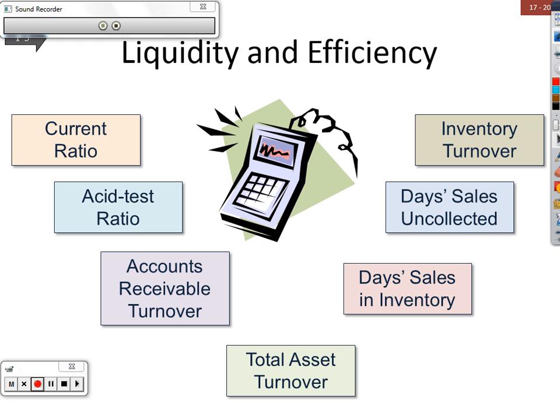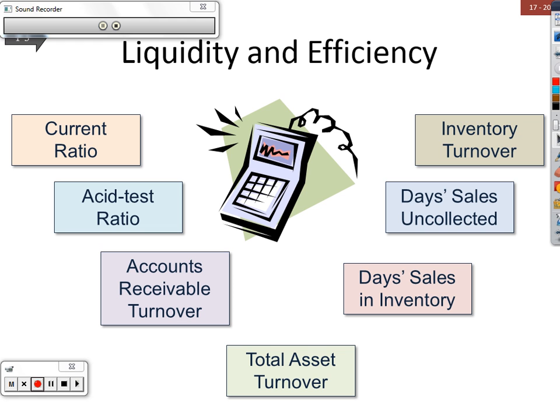The ratios for liquidity and efficiency are current ratio, acid test ratio, accounts receivable turnover, total asset turnover, days' sales in inventory, days' sales uncollected, and inventory turnover. The pattern you see in these ratios is that all of them deal with different items on the balance sheet.